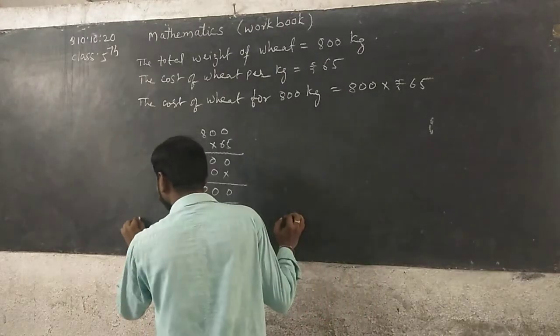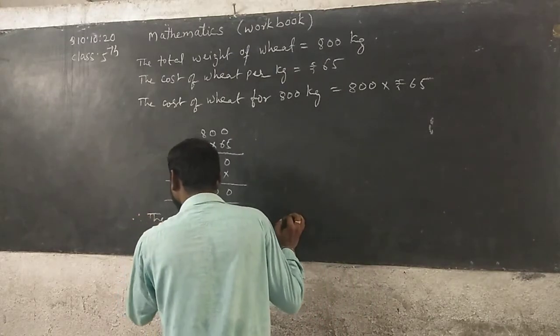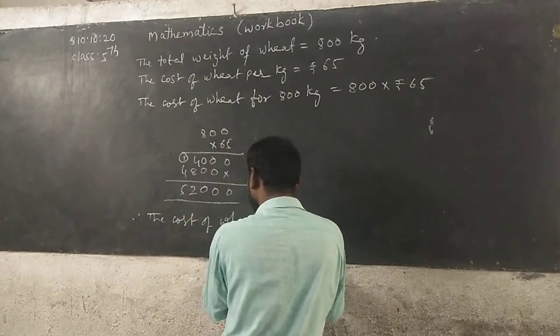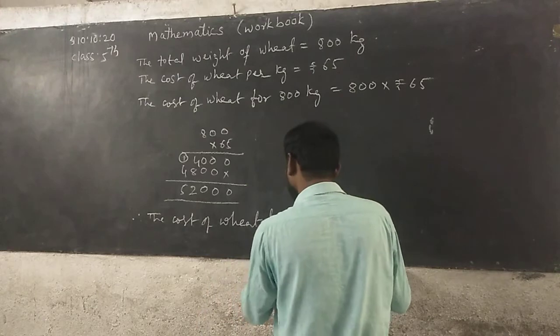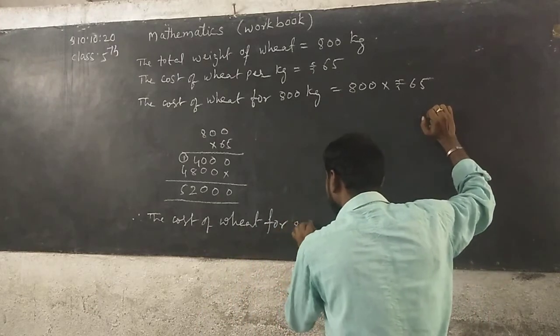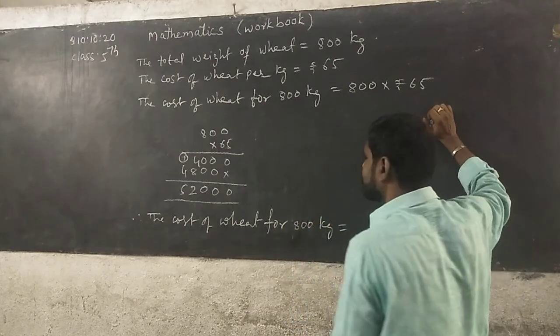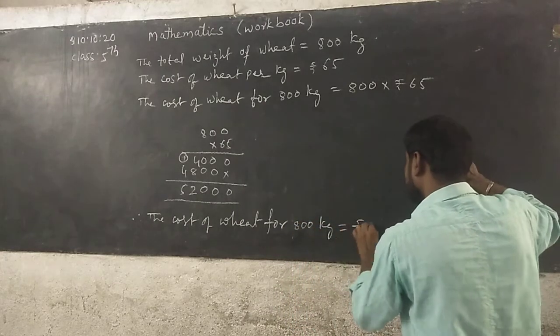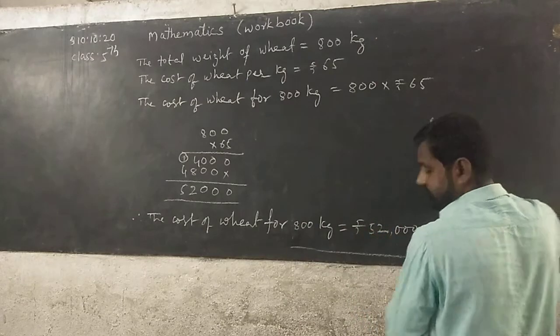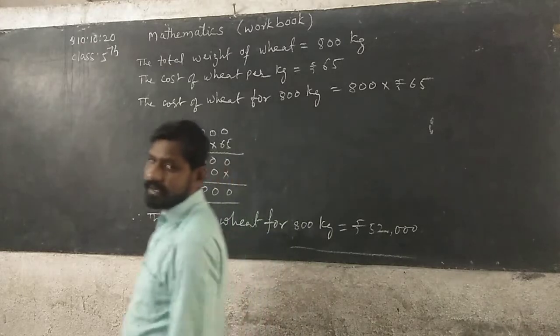Therefore, the cost of wheat for 800 kilograms is equal to 52,000 rupees. Write down everybody.